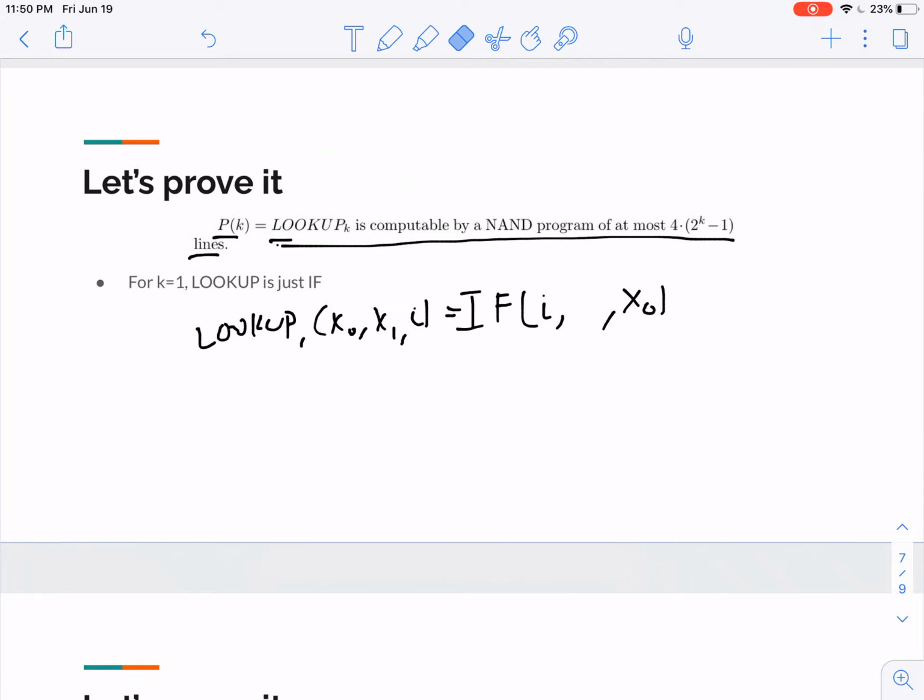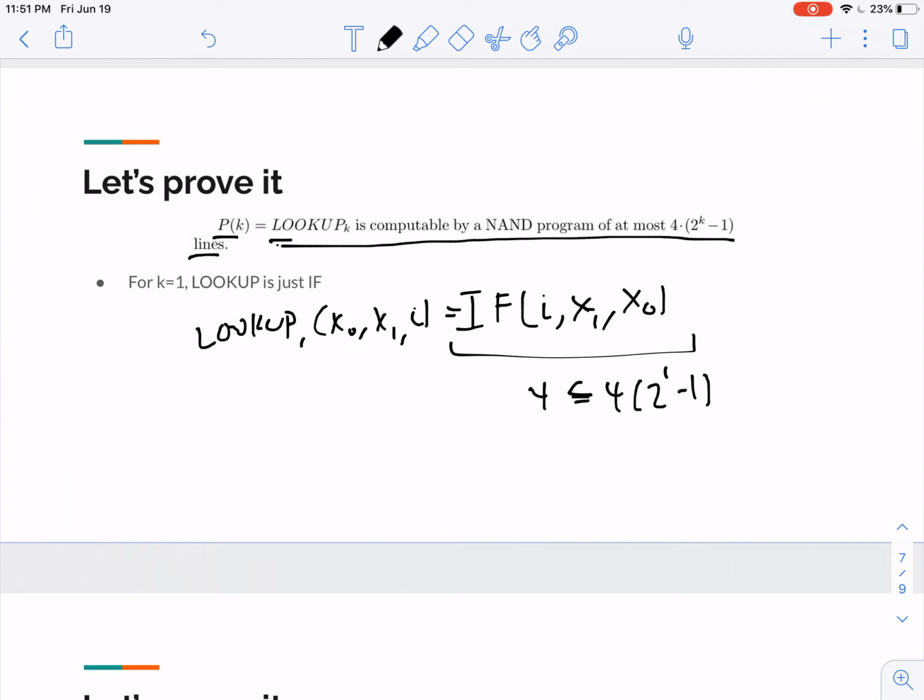So we have already done the base case here, and we know if takes 4 lines. And so this will take 4 lines, and 4 is equal to 4 times 2 to the, in this case, k is 1 here, minus 1. So 4 is equal to that, and so it's certainly less than or equal to that.